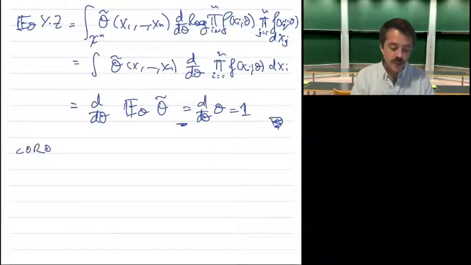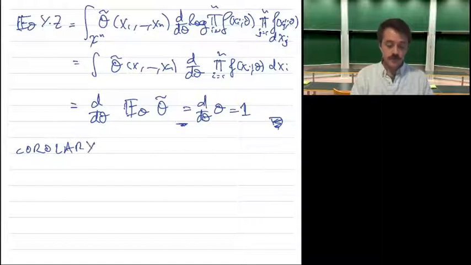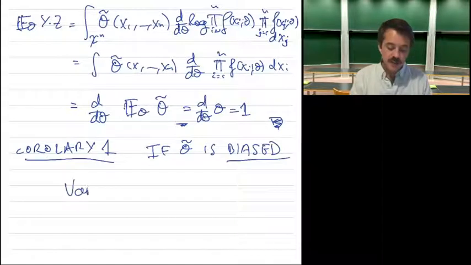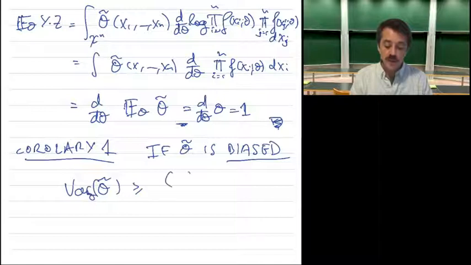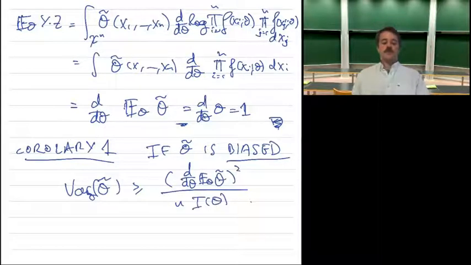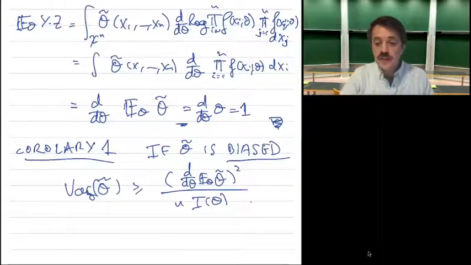Corollary 1: under the same assumptions as above, if the estimator is biased, then its variance is bounded below by the derivative of this quantity squared divided by this here. Okay, great. So we are nearly done with this.